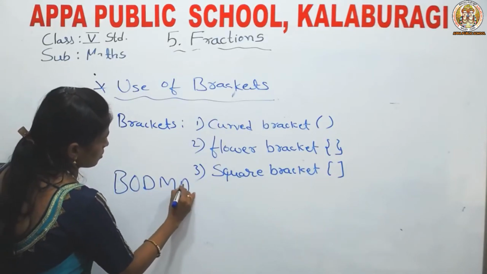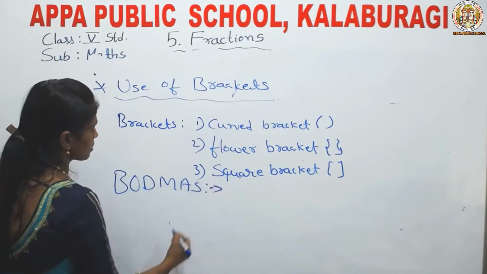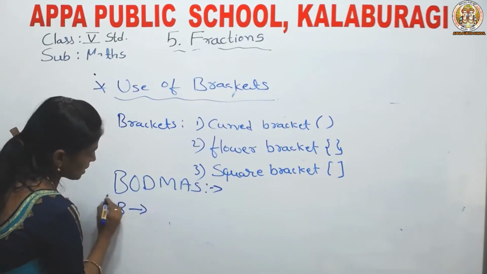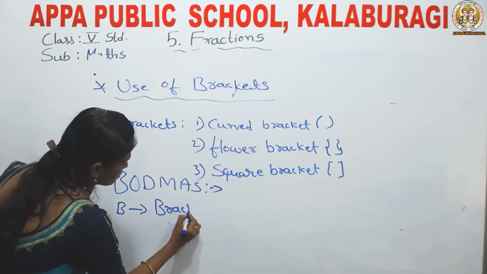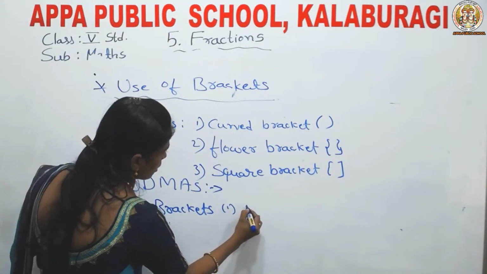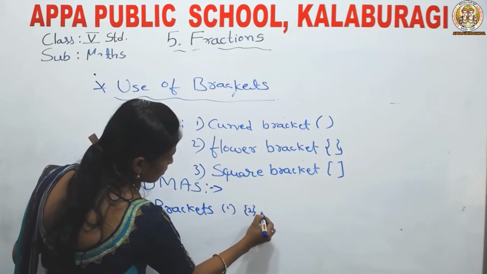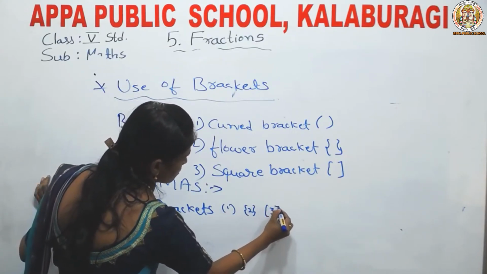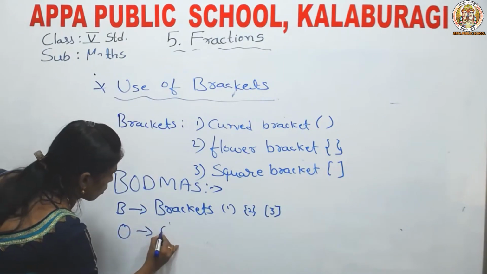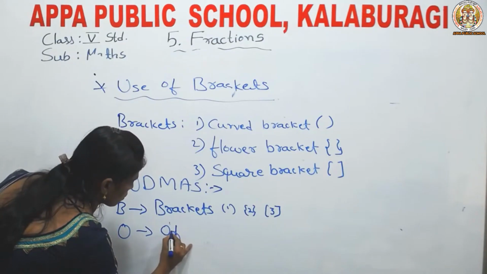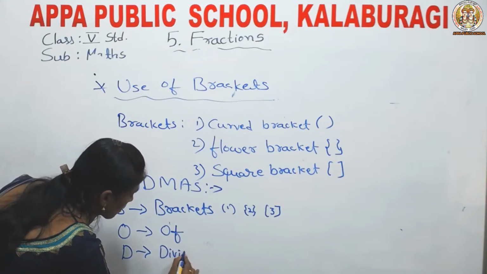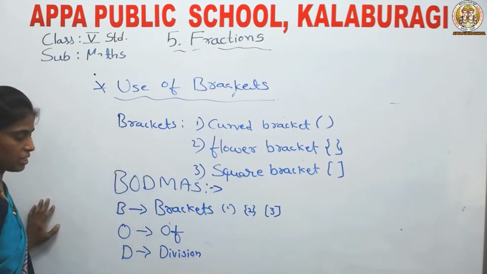Bodmas rule. What is Bodmas? B stands for brackets. This is the first bracket, this is the second bracket, and this is the third bracket. Okay. Next, O stands for of. And D stands for division.